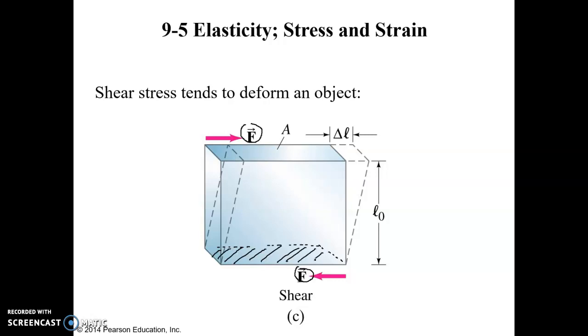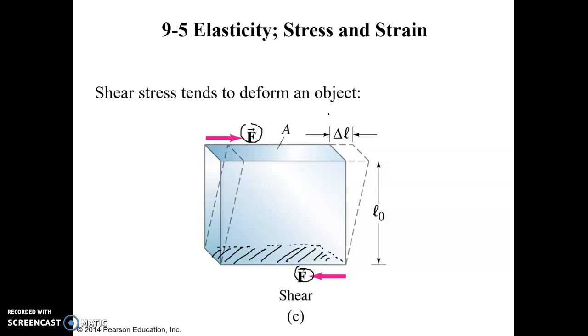So when you have forces acting parallel to a particular plane, they cause shear stresses to occur. And what that does is rather than shortening it or lengthening it, it makes it shift to the side. It makes it rack.